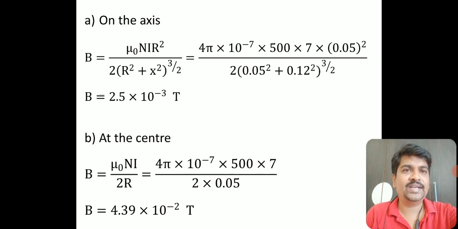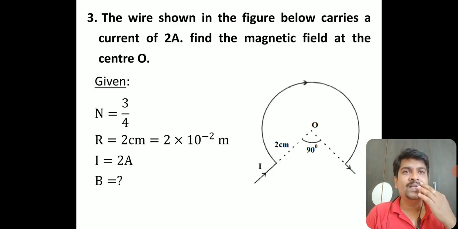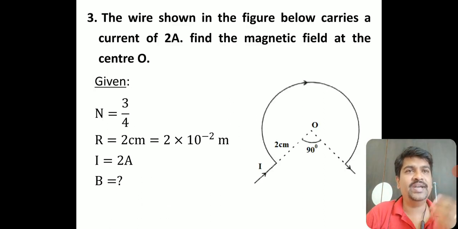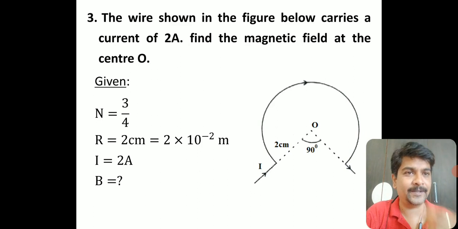Now we'll move on to the next problem. This wire shown in the figure below carries a current of 2 amperes. Find the magnetic field at the center. This is a kind of wire which is given in this form. It is almost a circular coil. Number of turns is also given, it is 3 by 4.